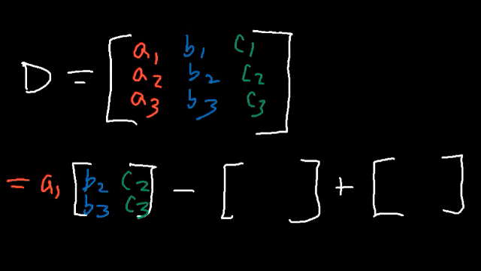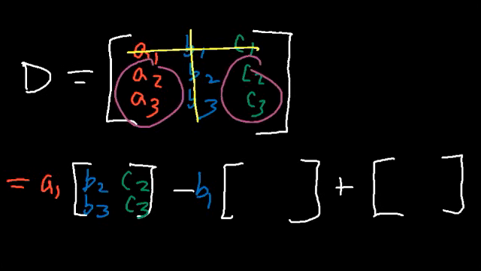Now for the next one, we're going to use b1. That's going to be in front of the second matrix. And eliminate the row and the column that intersects b1. So we're going to eliminate row 1 and column 2. And so a2, a3, and c2, c3 are going to go in the next matrix.